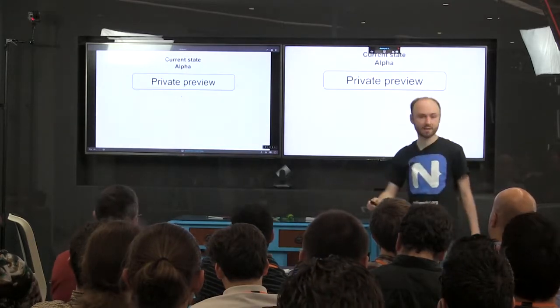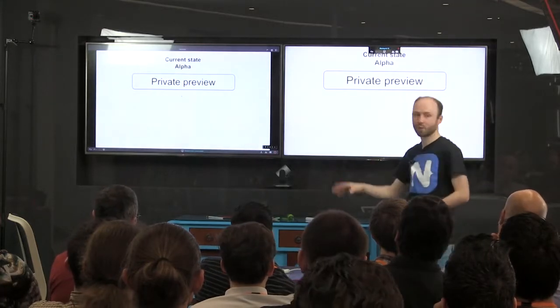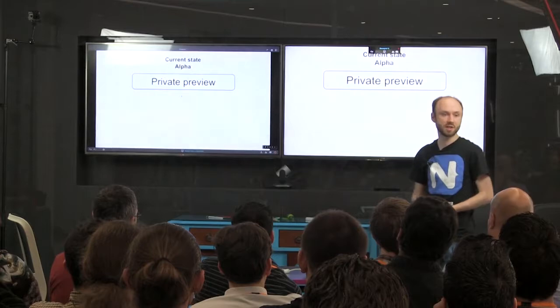So our current state. At this very moment, we only allow private preview, so it's only for insiders. We only provide support for iOS and Android, so no Windows Phone at this very moment. We have a feature freeze to basically stabilize the framework and catch up on documentation. And one of the major problems we have, there's no debugging at this moment.